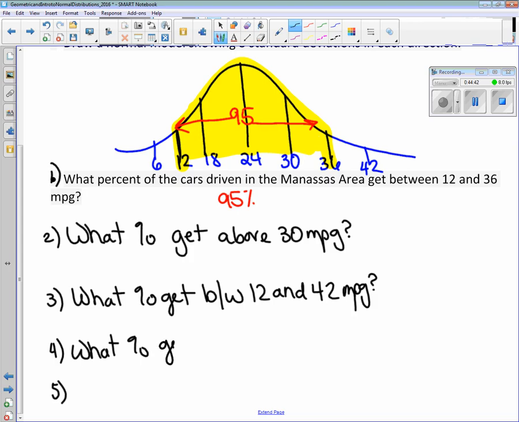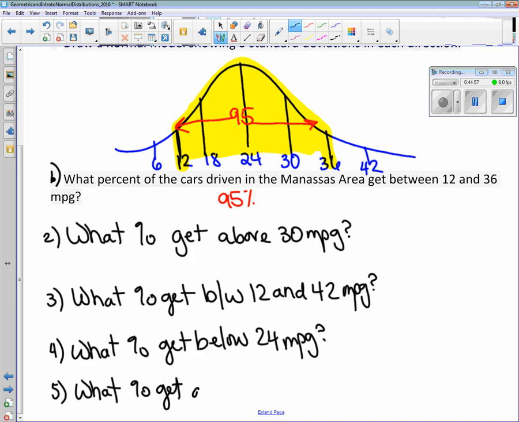What percent get below 24 miles to the gallon? What percent get above 42 miles to the gallon?